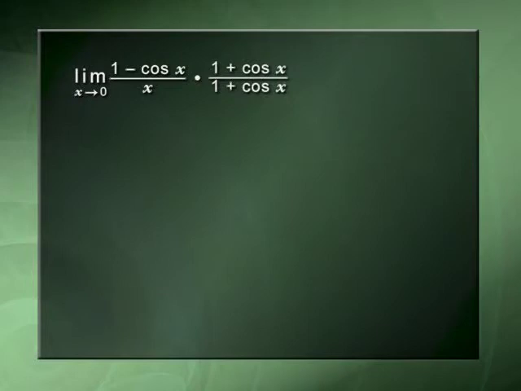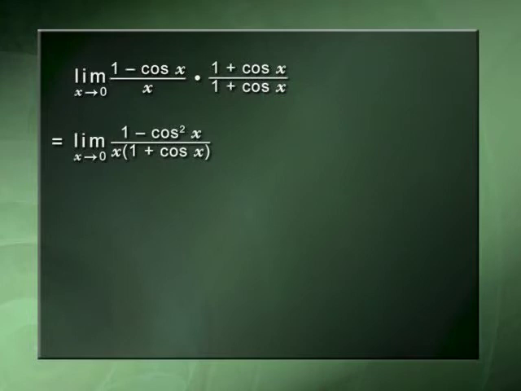So look what happens. The numerator becomes 1 minus cosine squared x. And oh yeah, I remember my trig identity. Remember? Sine squared plus cosine squared is 1. That means that 1 minus cosine squared is sine squared.